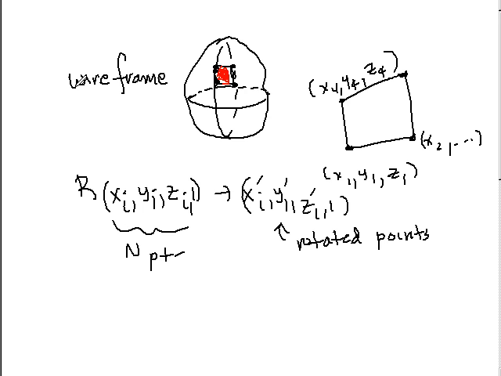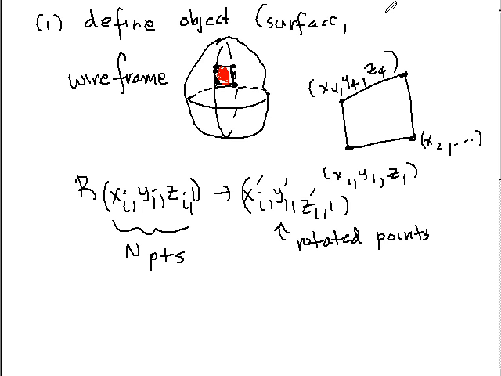Now, after you've rotated them, so step one is you essentially have to define your object. And that, in this case, would be a surface or a set of points.